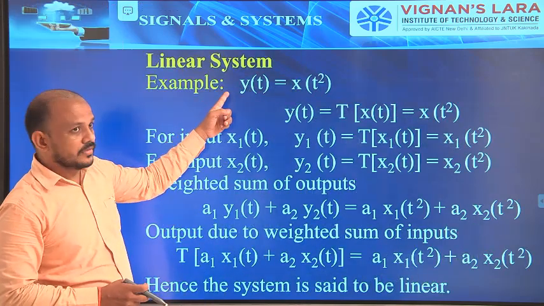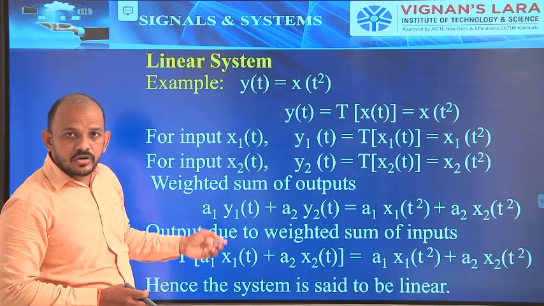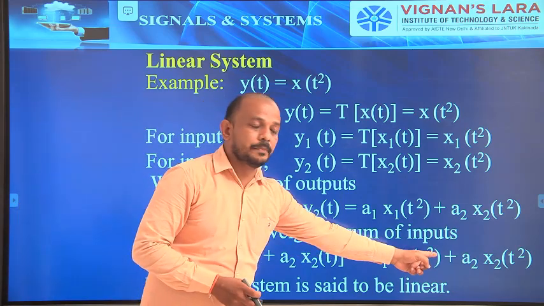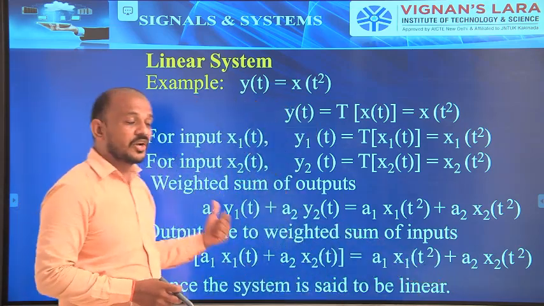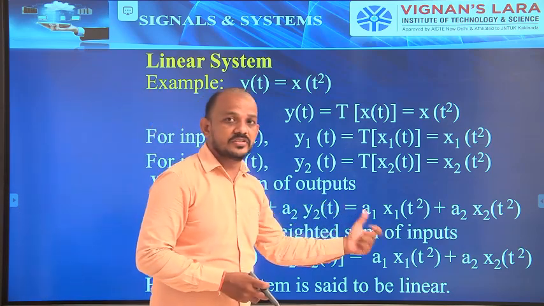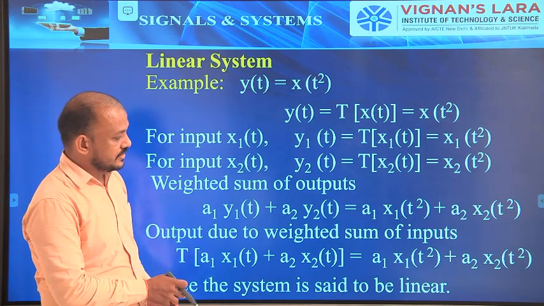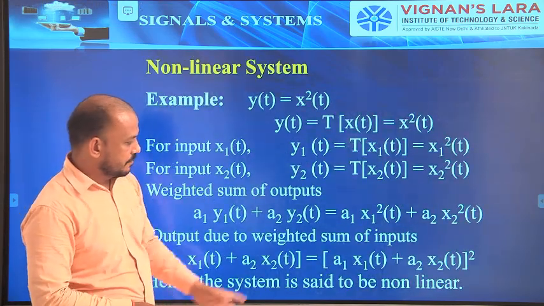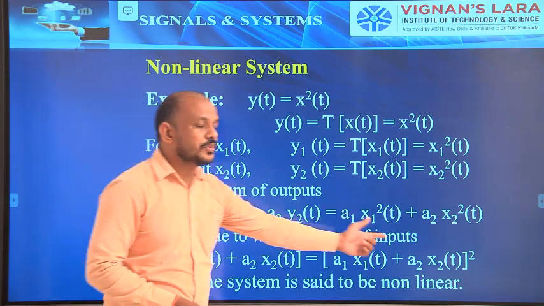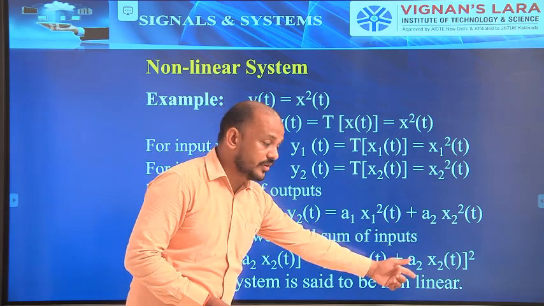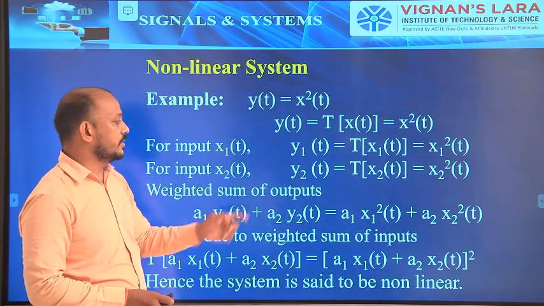In that system, the output due to the weighted sum of inputs is equal to the weighted sum of outputs. So both are the same, hence we consider it linear. Whereas in this case the output due to the weighted sum of inputs is not equal to the weighted sum of outputs.